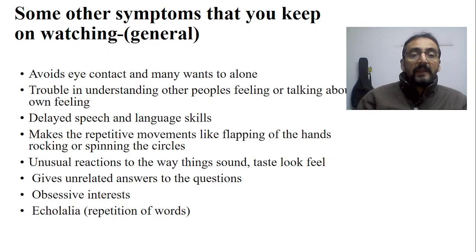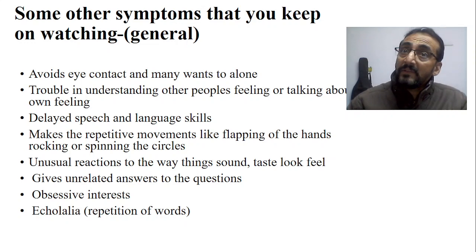One more important thing is echolalia. Echolalia means repetition of words. The child repeats the words and tells the same thing continuously. Like this, the child is continuously telling the same word because he knows only that.